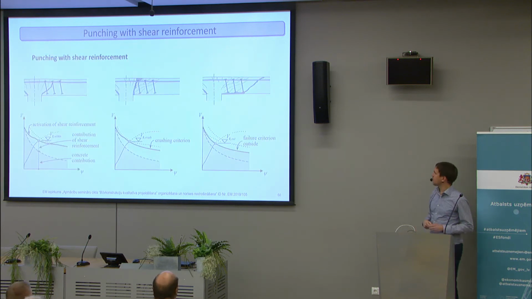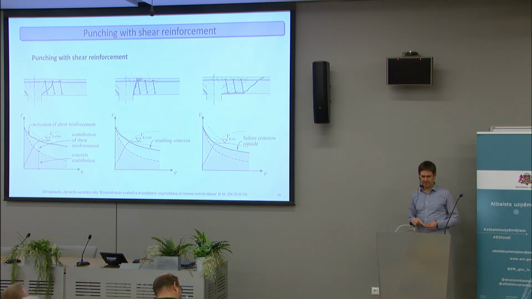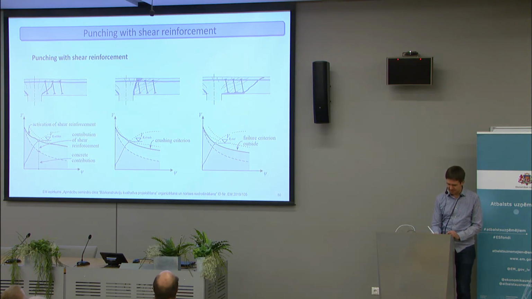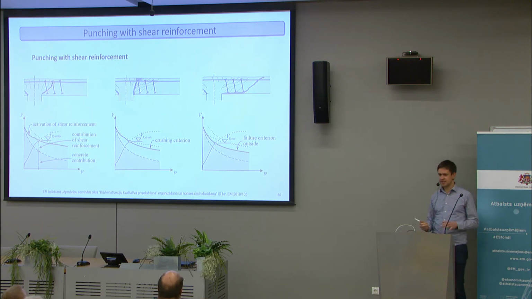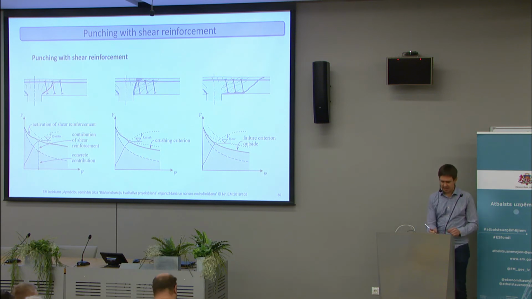Now, if we have shear reinforcement, if we want to reinforce the connection against shear, then there are basically three failure modes that can occur. Firstly, if we have a relatively low amount of shear reinforcement, then the failure will happen through the shear reinforcement.